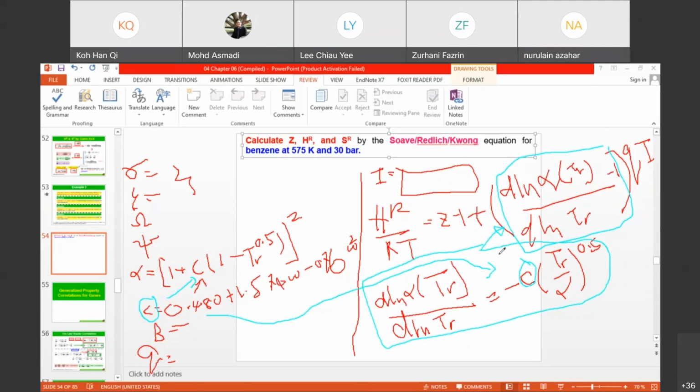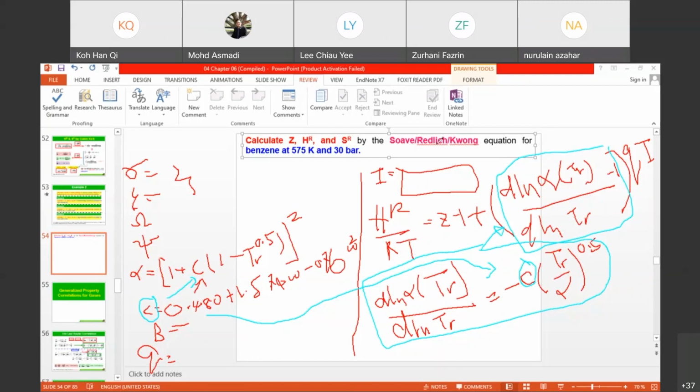I don't think it is available in the main textbook. Negative c TR divided by alpha to the power of 0.5. Then you can calculate HR, and the rest is the same. So that is for the Soave-Redlich-Kwong as well as Peng-Robinson.